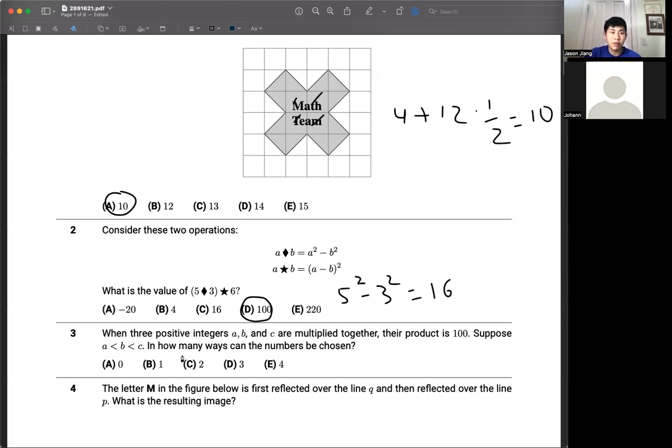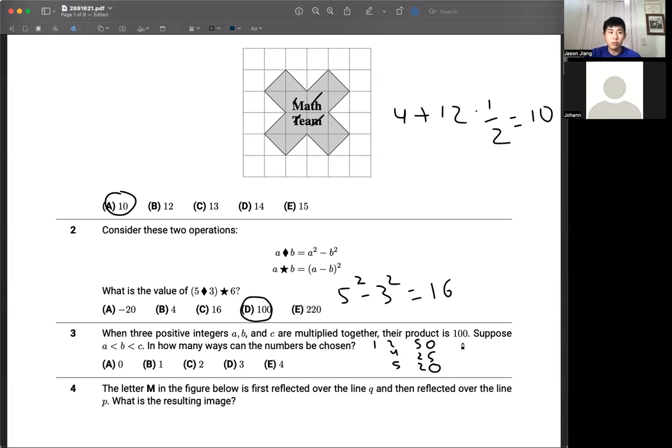First possibility would be if a is equal to 1, and then we'll look at b and c for a equals 1. Possibilities there are 2 times 50, 4, 25, we have 5, 20, and that's it, because we can't use 10 and 10 since b wouldn't be less than c.